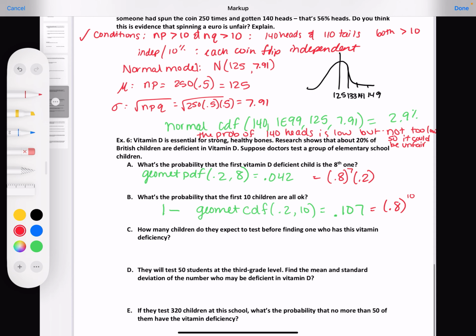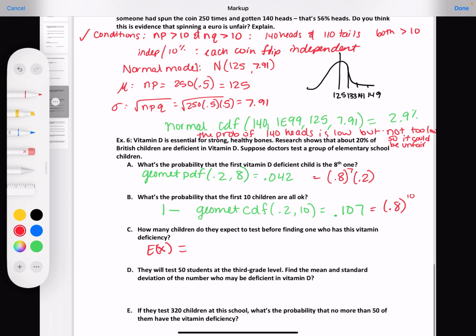So then, how many children do they expect to test before finding one who has this vitamin deficiency? So what's my formula for expected value for this section? I think it was on the very first page we did, possibly. If not, we did it in one of the problems early on. Where did we do it?